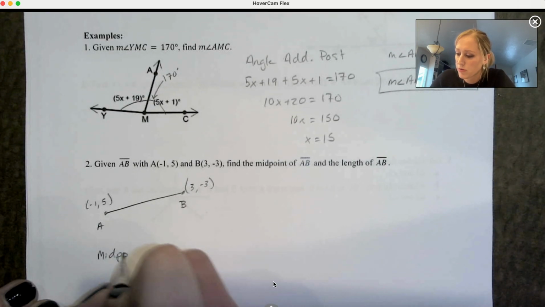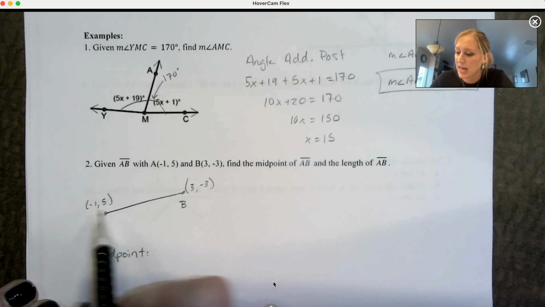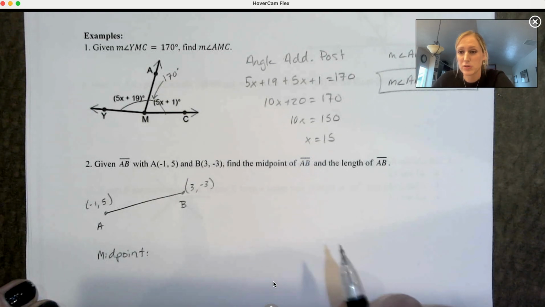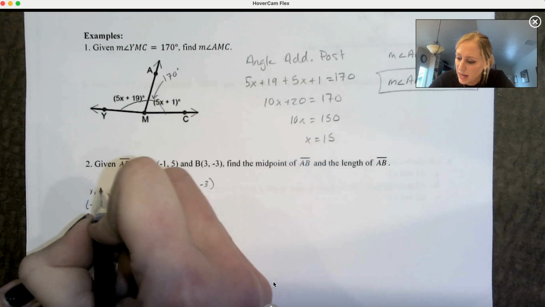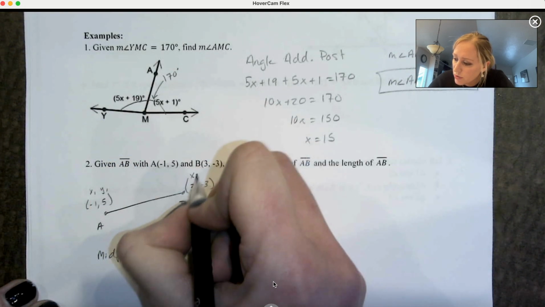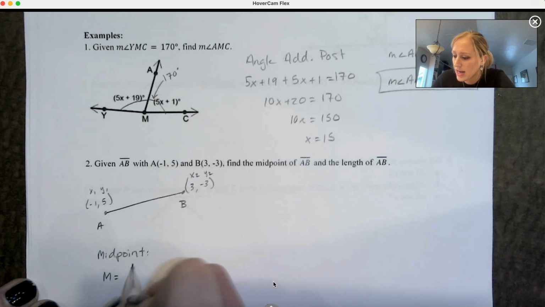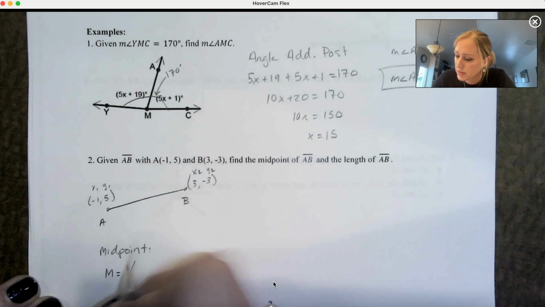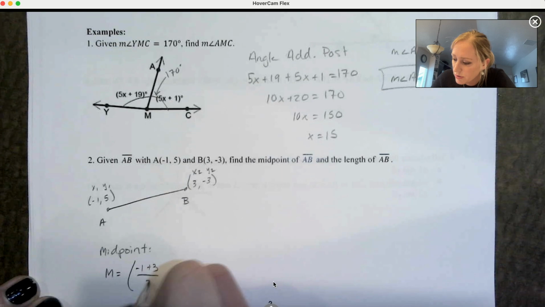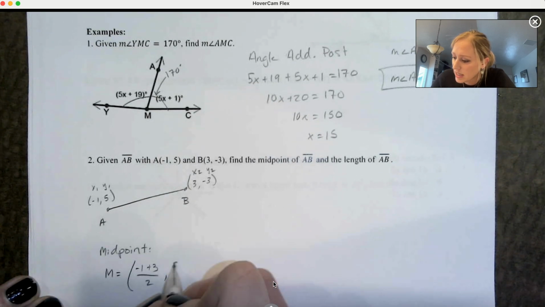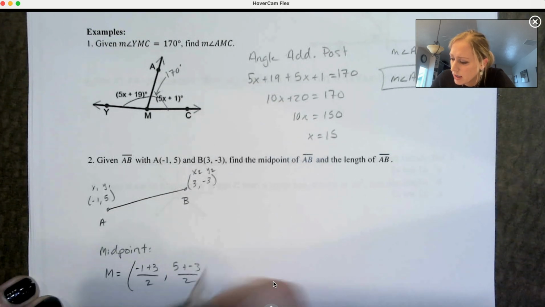So we're just going to use the formula from up above that says add the two x's, divide by 2, add the two y's, divide by 2. So here's like my x1, y1, x2, y2. Okay, so we have add the two x's, so -1 plus 3 over 2, and 5 plus -3 over 2.